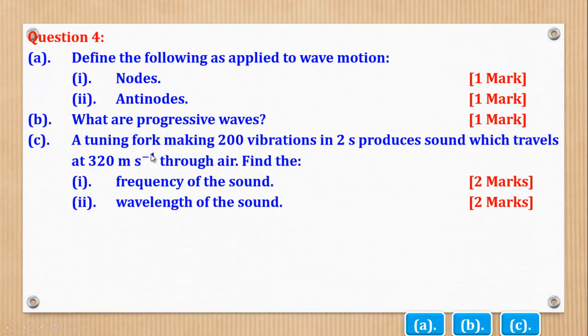Then part C, a tuning fork making 100 vibrations in 2 seconds produces sound which travels at 320 meters per second through air. Find Roman 1, the frequency of the sound, and Roman 2, the wavelength of the sound.